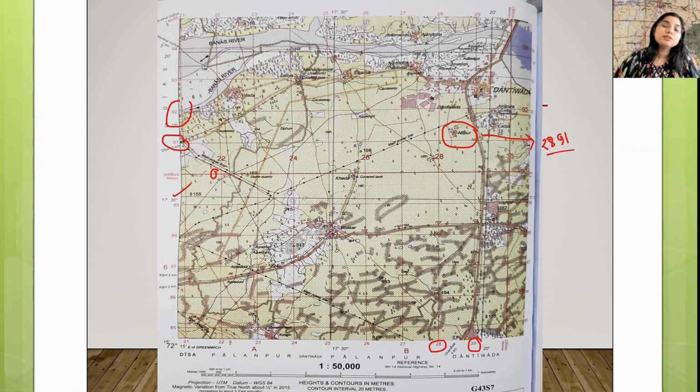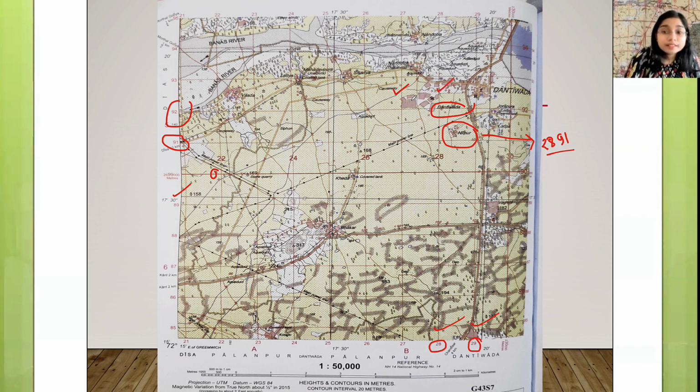Now sometimes some confusion also arises in the children's minds. If I ask you to find the location of Danfiwara. So this is the village Danfiwara, and if I ask you to give the four-figure grid reference for the village Danfiwara, then some children get confused because Danfiwara is written between the grid numbers 28 and 29, but the settlement is located between 27 and 28. So which one should I take?